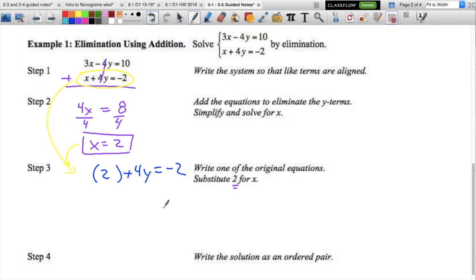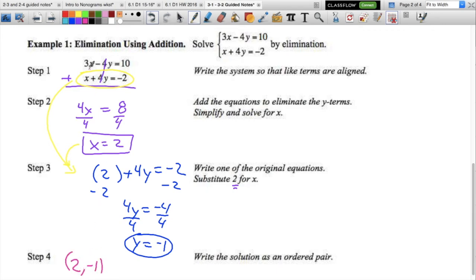And we can simply subtract 2 from both sides. We get 4y equals negative 4. We divide by 4, and we get y equals negative 1. So we got our x equals 2, our y equals negative 1, and then write the solution as an ordered pair. The solution is going to be 2, negative 1.